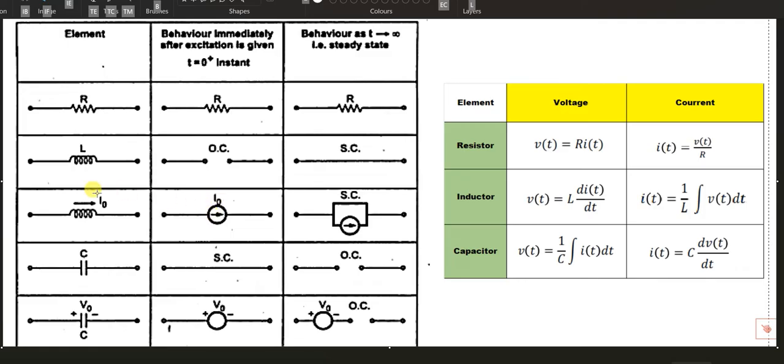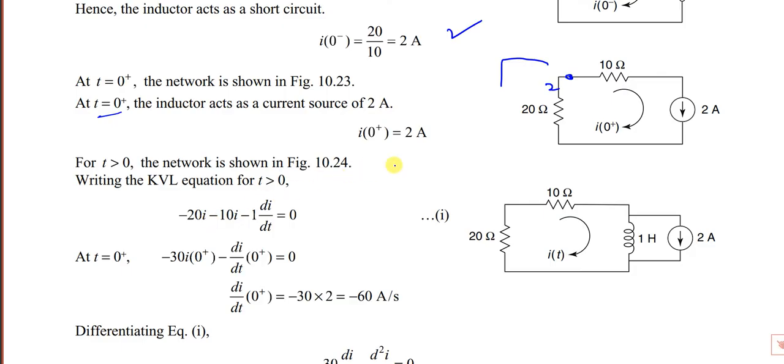At t equals 0 plus, if any initial current is flowing, you have to replace the inductance with a current source.